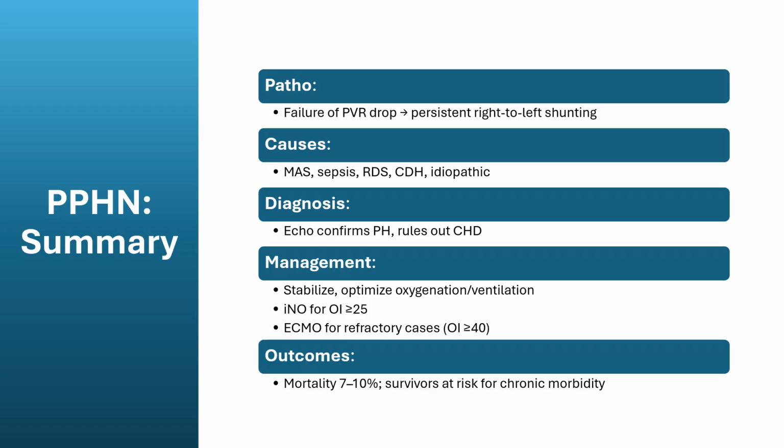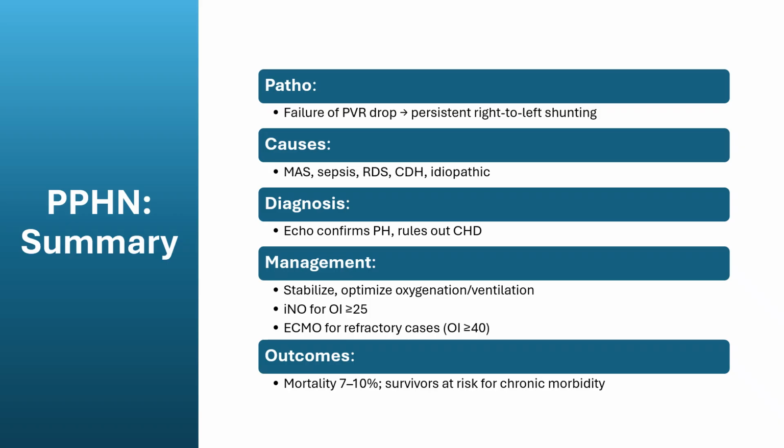Diagnosis relies on echocardiography to confirm pulmonary hypertension and exclude congenital heart disease, combined with clinical assessment of oxygenation, ventilation, and hemodynamic stability. Management focuses on stabilization, optimization of oxygenation and ventilation, targeted pulmonary vasodilator therapy, such as inhaled nitric oxide, and escalation to ECMO in refractory cases.